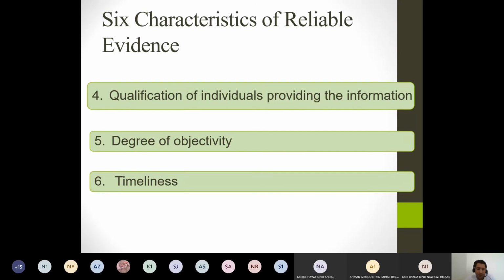Then the timing of the reliability. Let's say I send a request to the management that I need to get the minutes of the meeting, and I determine the date and so on. But unfortunately, I get it after 2 months. So 2 months to get that evidence will create questions about how reliable it is.